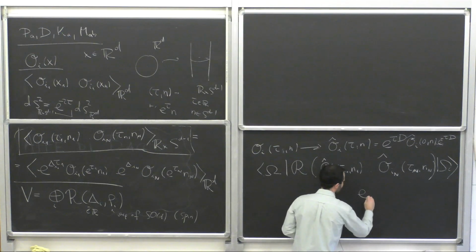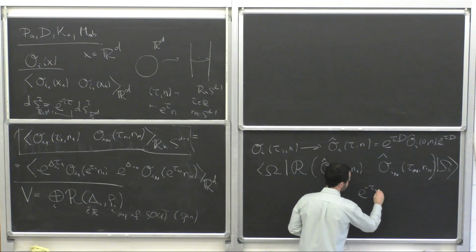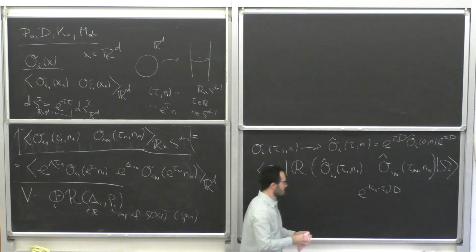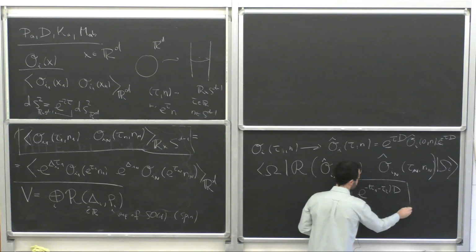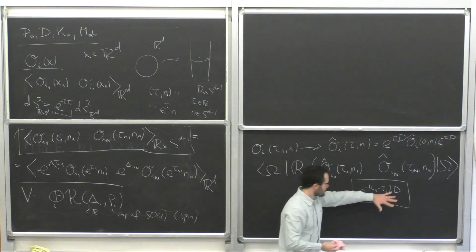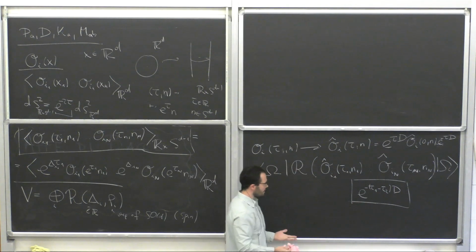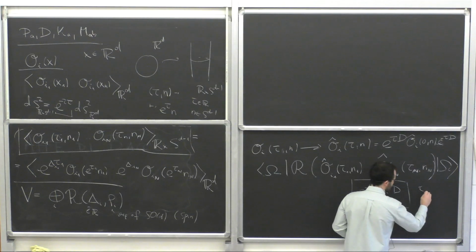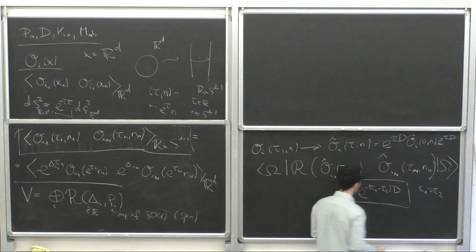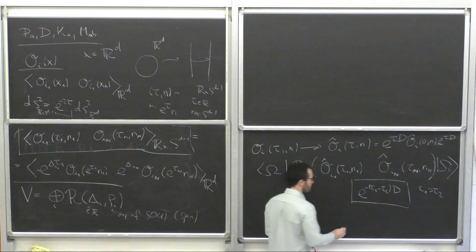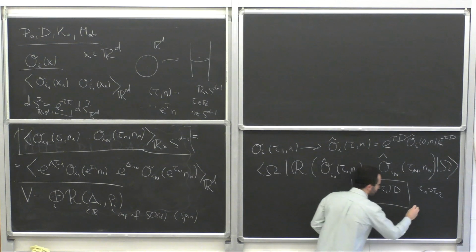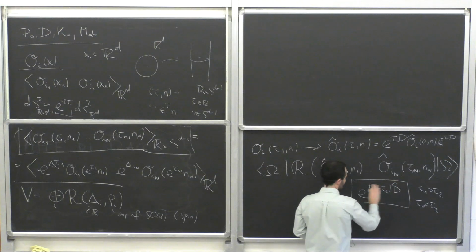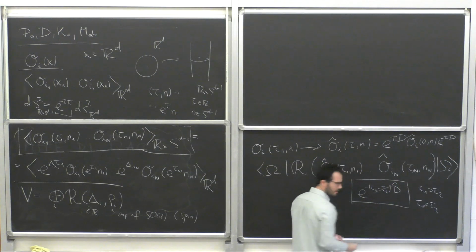Otherwise, you're going to be dealing with things like that. So this is an operator acting on our Hilbert space, which is only bounded when tau 1 is greater than tau 2. So if you do things correctly, you will never encounter a situation when tau 1 is less than tau 2. This would not be a good operator in that case.